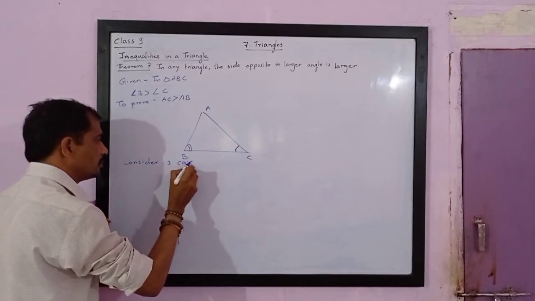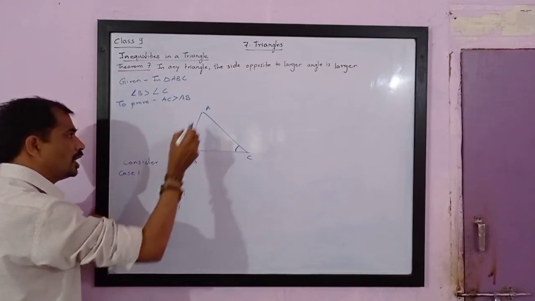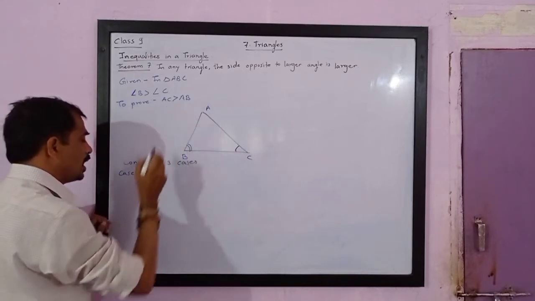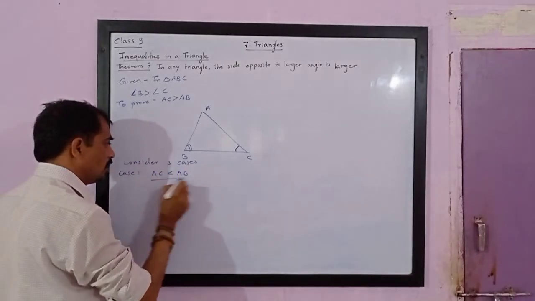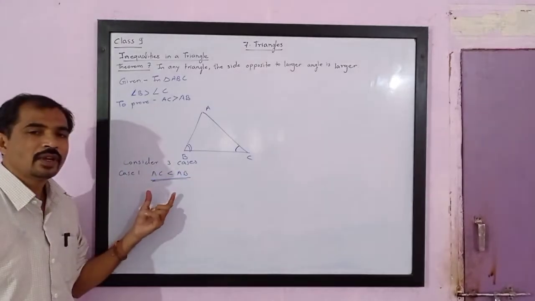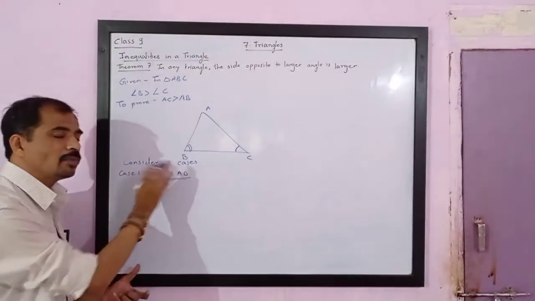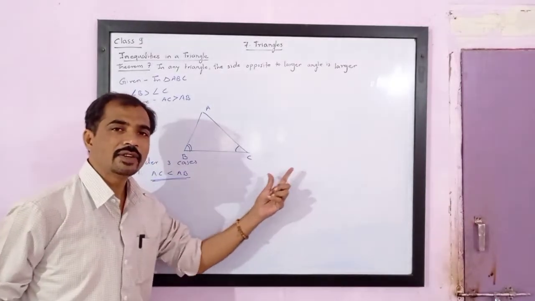In case 1, we are going to consider AC is smaller than AB. Please note, we are going to prove that this is not possible. Then we are going to consider the second case, AC equal to AB.